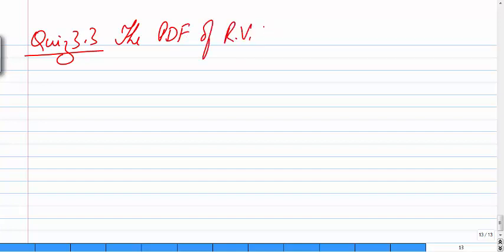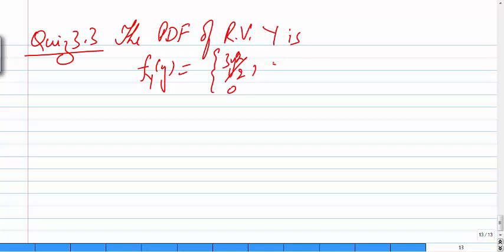The quiz is number 3.3, and it says the PDF of random variable Y, f of y, is given to us and is equal to 3y squared divided by 2 between minus 1 and 1, and 0 otherwise. The first one is to calculate the expected value of Y.